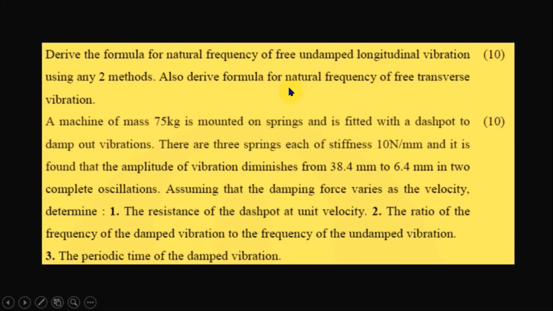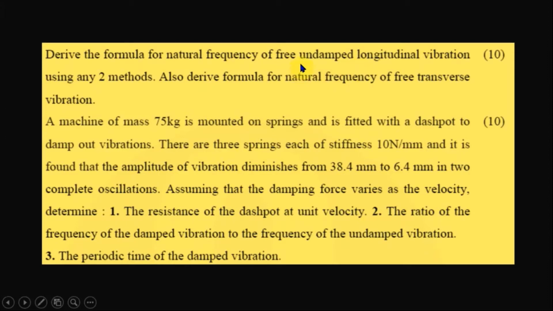And in the case of free transverse vibrations, the natural frequency is given by omega n is equal to square root of g by delta, that is in radian per second. And if you want in hertz, f suffix n natural frequency is equal to omega n divided by 2 pi.